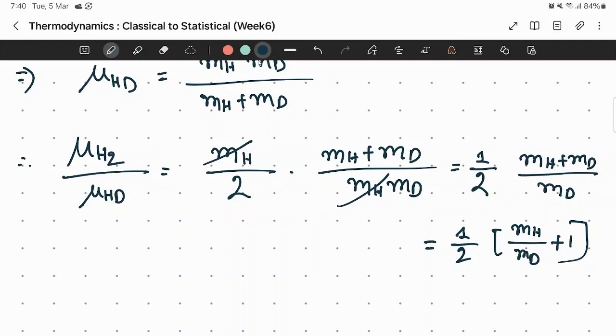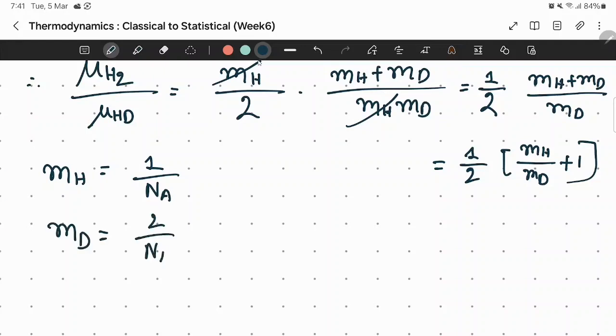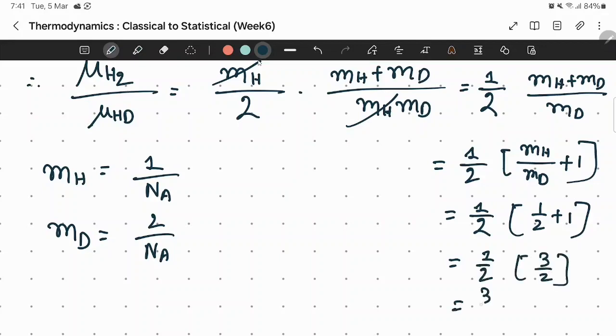Now, what is MH by MD? MH is the mass of one hydrogen atom, 1 by Na, and for MD it is 2 by Na. So it is 1 by 2 plus 1, so it is 3 by 4.